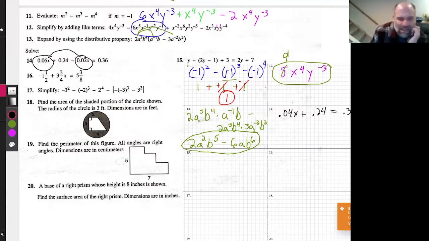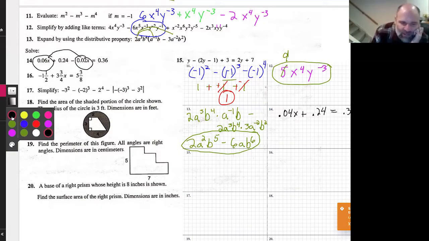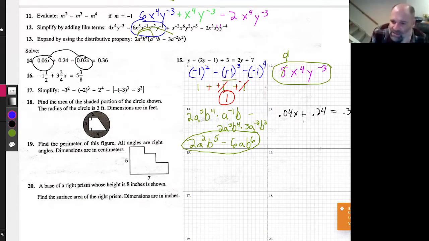Okay. Second step to solving equations, if you have variables on both sides, you don't. So the third step is to get rid of the constant on the variable side. That's just 0.24. So subtract 0.24, whatever you do to one side, do to the other.